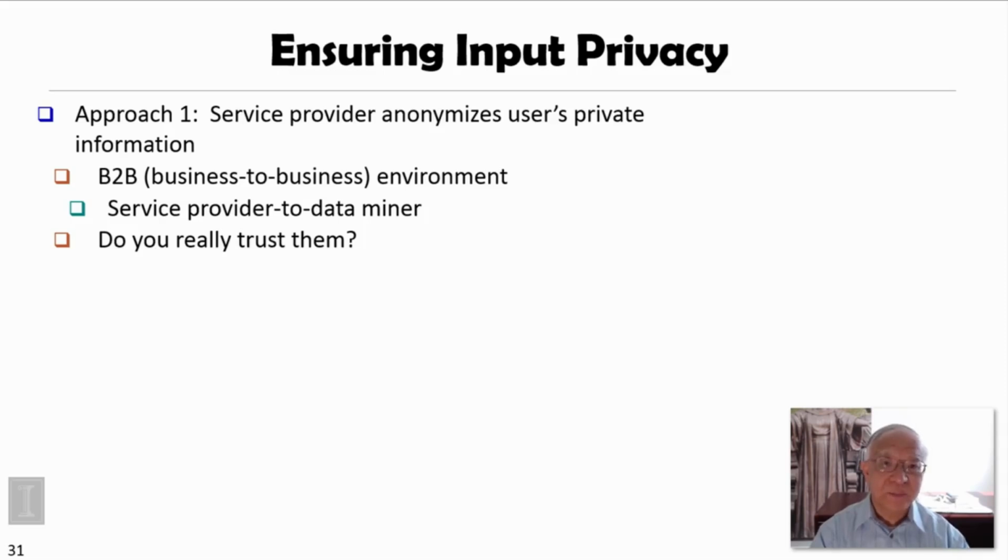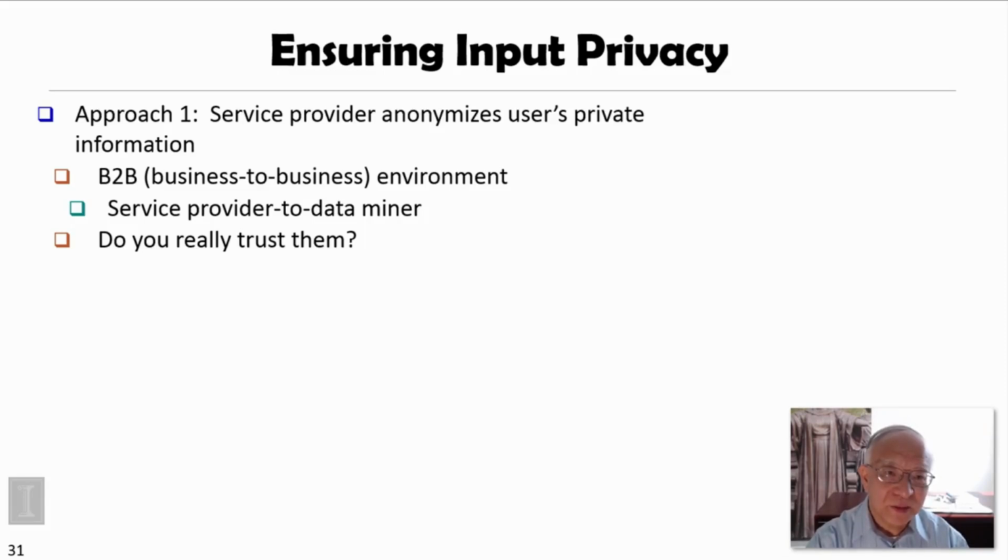They are going to anonymize their data, especially the user private information, and ship those anonymized data to data miners. This model we call the business-to-business environment, or service provider to data miner environment. That means you have to trust both parties. But the problem is, do you really trust them? And most people may say no.